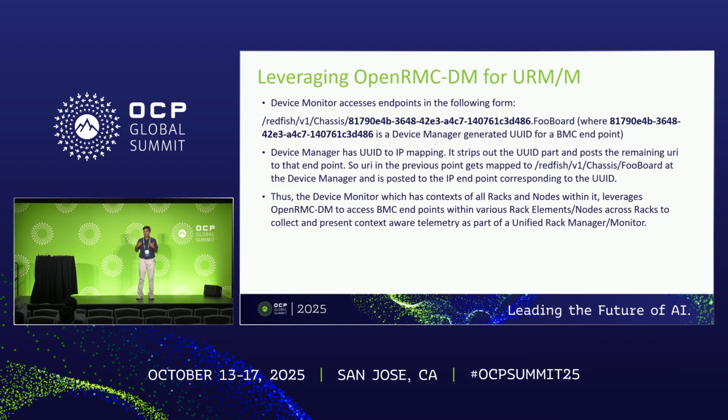Now it's like I'm a regular Redfish client sending a URI that the Redfish server would understand to an IP that I get by mapping the UUID to the corresponding IP that I remember. So device manager remembers these mappings, and that's how it achieves it.